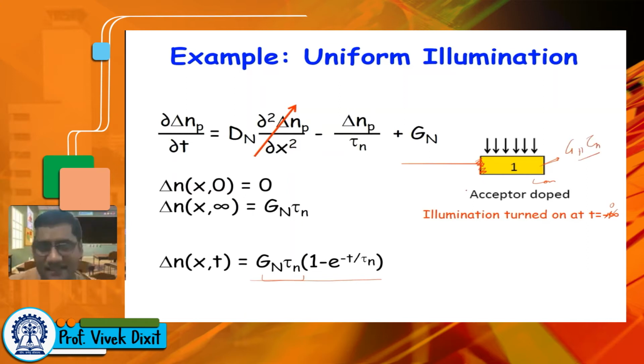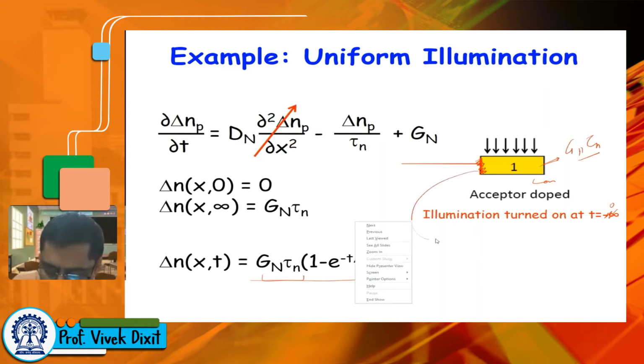But what will the concentration be here? That will be determined by the recombination rate here. So what is the surface recombination rate? You can recall the generation recombination slide. In the last couple of slides we discussed surface recombination, and there is a term called surface recombination velocity, right?